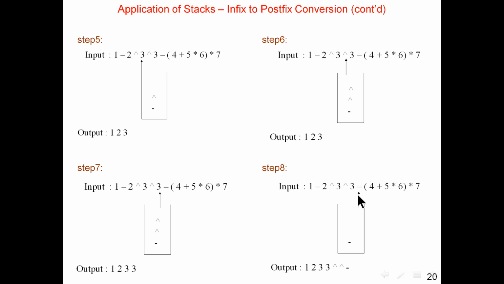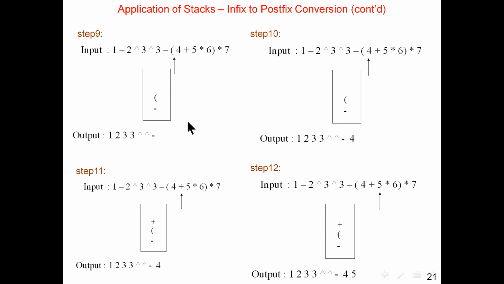Suppose when you are here, you get another operator minus, you pop all the operators. You pop the power including minus, because there is a bracketed term, so you stop there. Then the next bracket is pushed, 4 comes here, then plus comes, and then 4 5 is here, and now you have this operator. This is converting an infix to postfix using a stack.